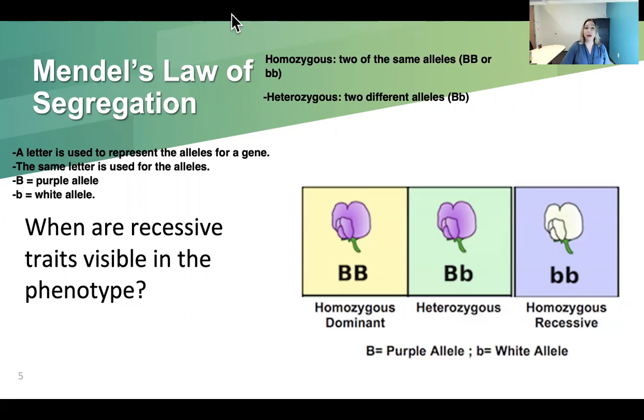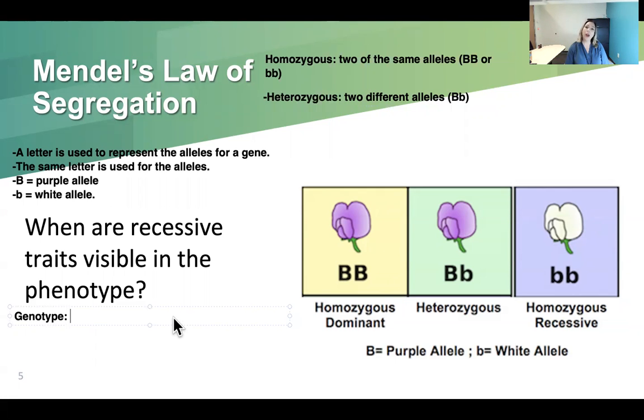So the question that I put on this slide asks you, when are recessive traits visible in the phenotype? So prior to answering this question, I'm going to talk about the difference between genotype and phenotype. So genotype.